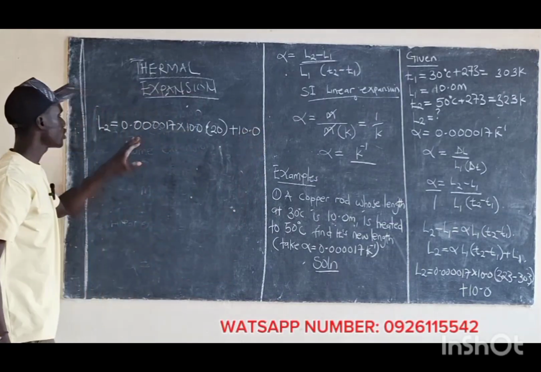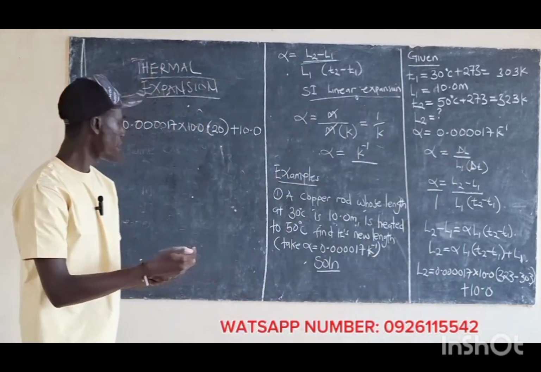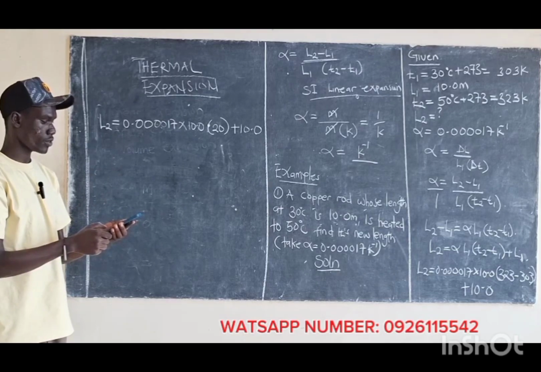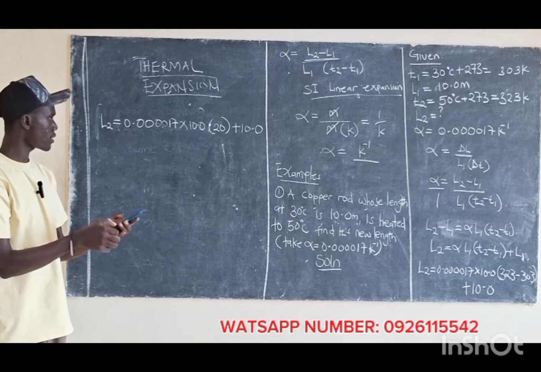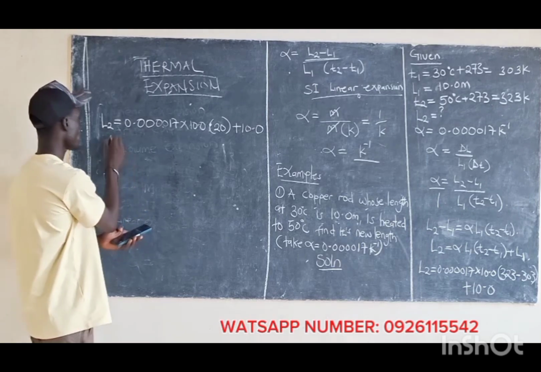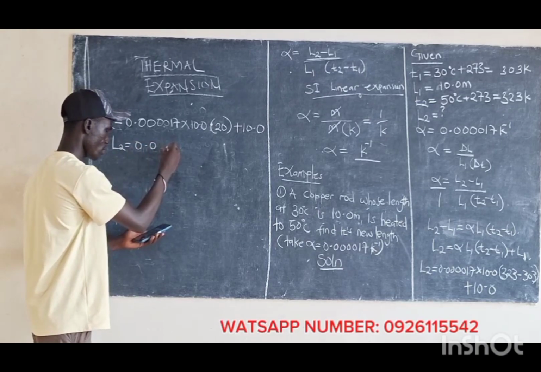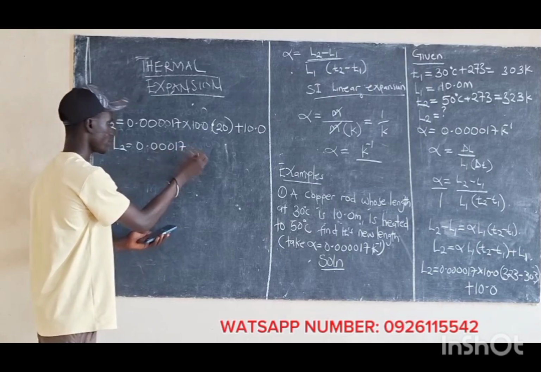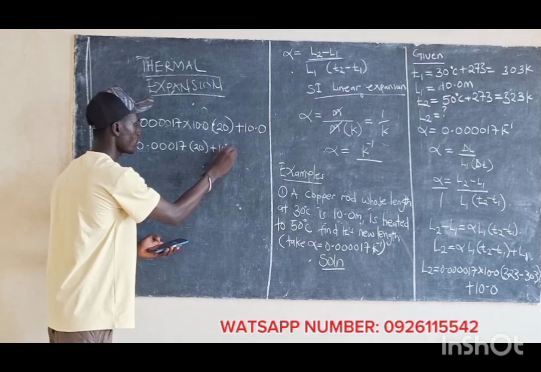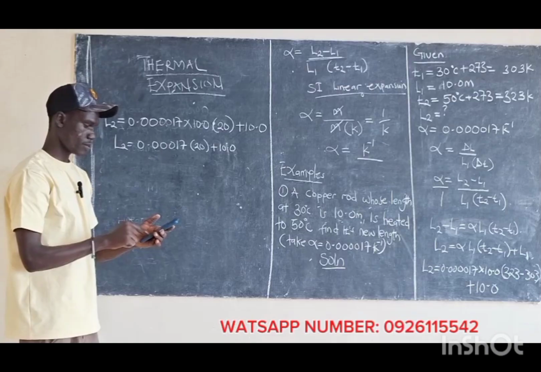Now we are going to multiply this times this one. Let's put it in our calculator. We say 0.000017 times 10.0. We are going to have L2 equal to 0.00017 into 20 plus 10.0. This one is also going to be multiplied by 20.